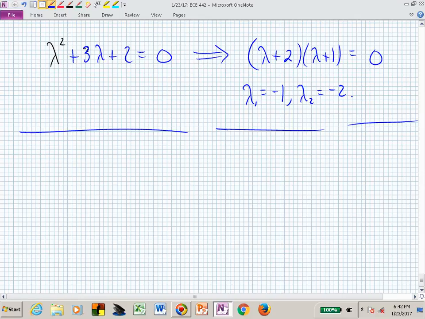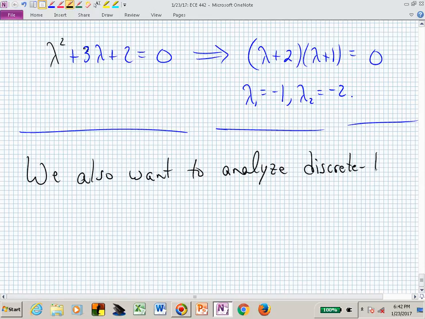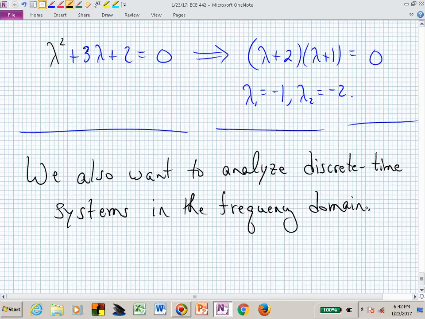But let's draw the block diagram, or remind ourselves that we also want to analyze discrete time systems in the frequency domain.